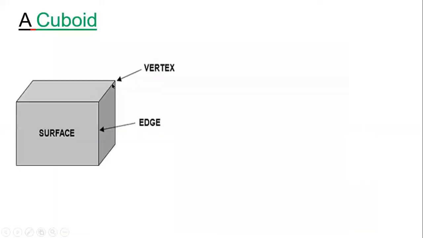Okay, so let's begin with a cuboid. A cuboid has got vertices. Remember, a vertex is the same as a corner. Okay, so it has got edges.